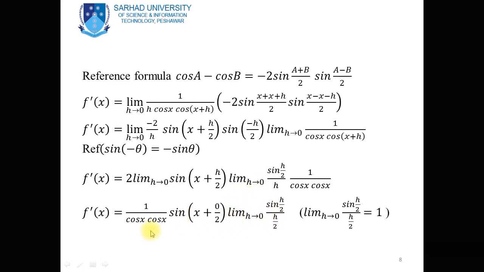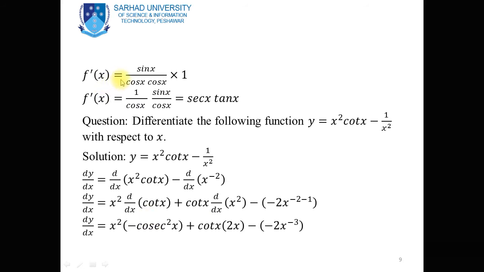Now the derivative of the function is equal to sine x divided by cos x into cos x. We can write 1 over cos into sine by cos, and 1 over cos is equal to secant theta, and sine by cos is equal to tangent theta. So the derivative of secant theta is equal to secant theta dot tangent theta.